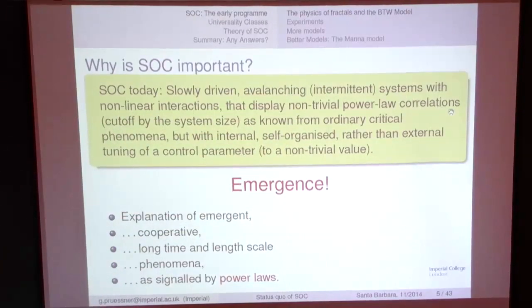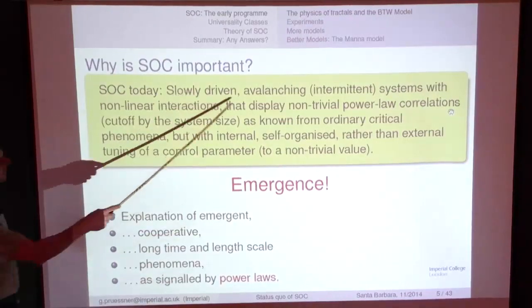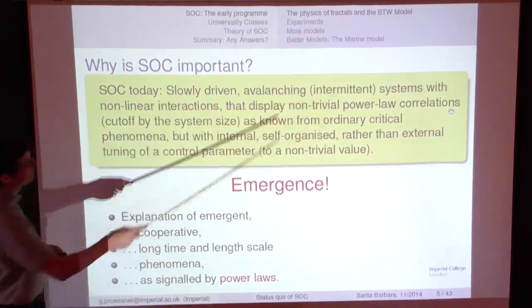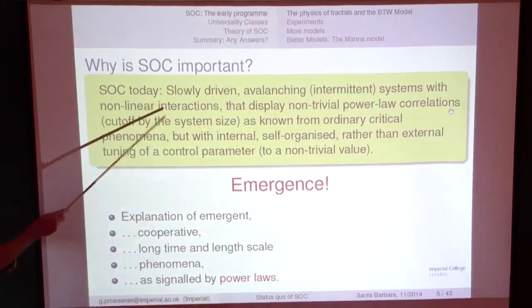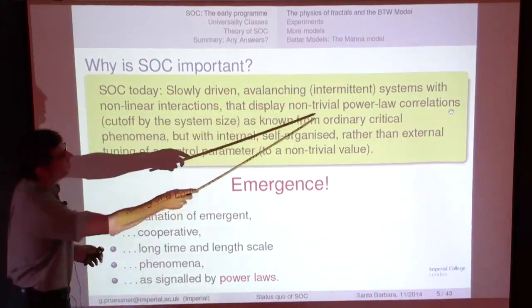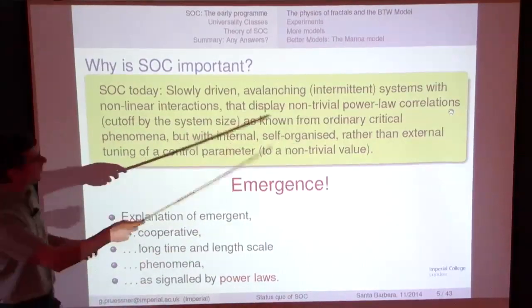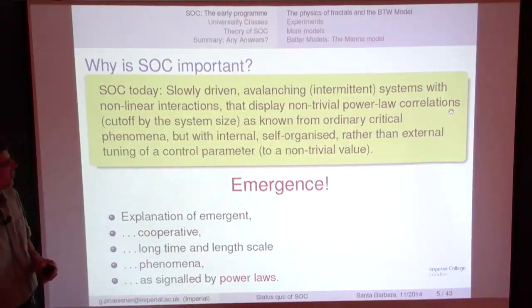He introduced that notion of slowly driven, interaction-dominated threshold systems. They're slowly driven, intermittent, so they display some sort of avalanching. You drop a grain and you see a large, or maybe a very small, relaxation, and you drop another grain, you see another relaxation. Nonlinear interactions that display non-trivial power laws, because if they are trivial, then normally we understand quite well where they're coming from. They're not very exciting. Non-trivial power law correlations.